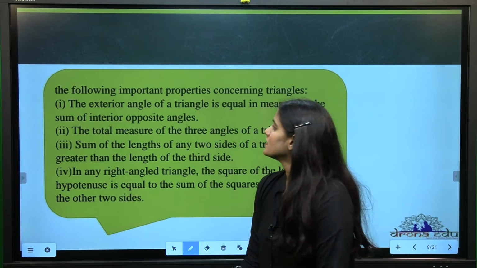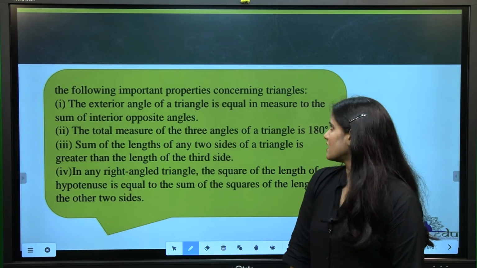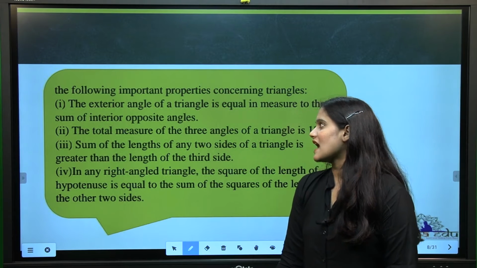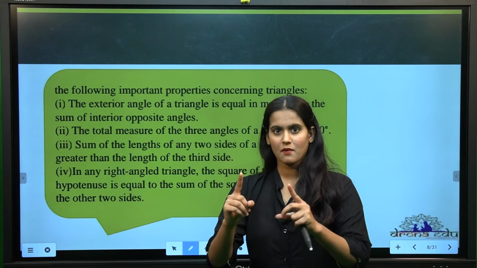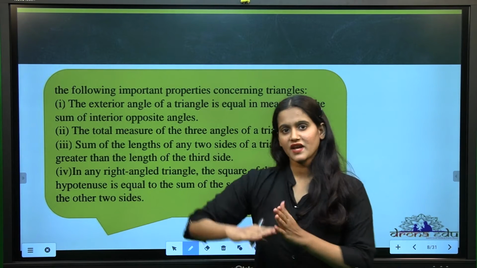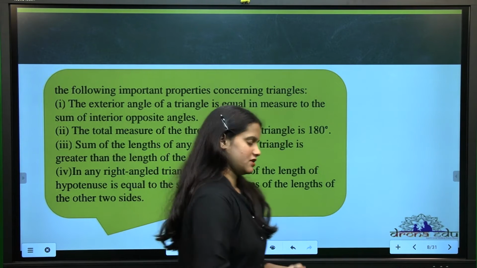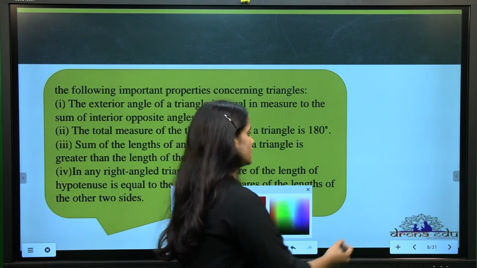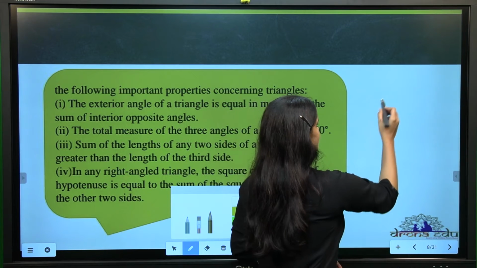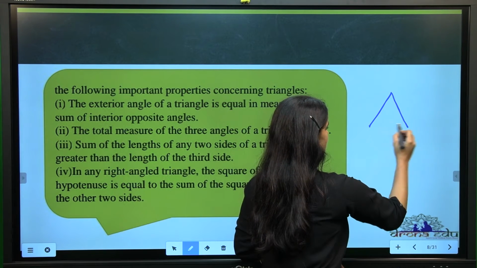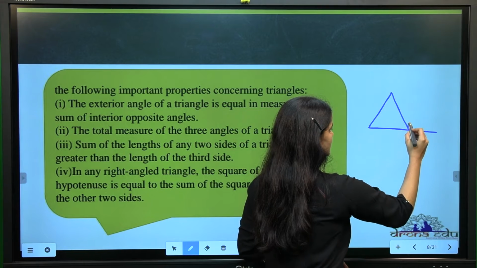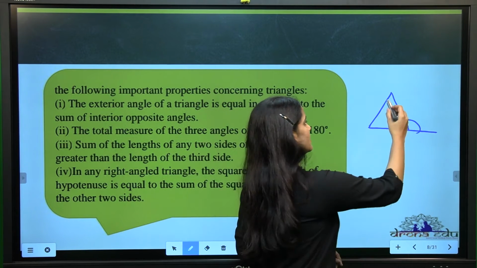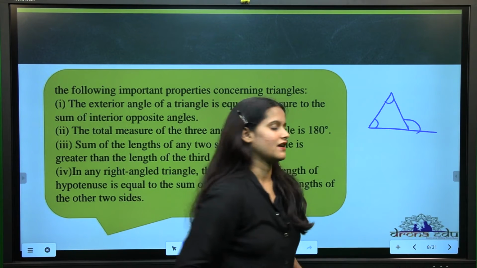So these are the properties. What is that? The exterior angle of a triangle is equal to the sum of the interior opposite angles. This is the first property. Okay. So the exterior angle. So I'll just draw it and I'll show you. See, if this is a triangle, so this exterior part is equal to the sum of the interior angles.